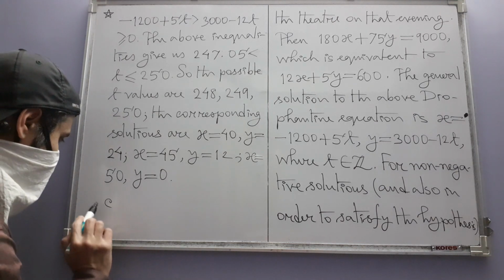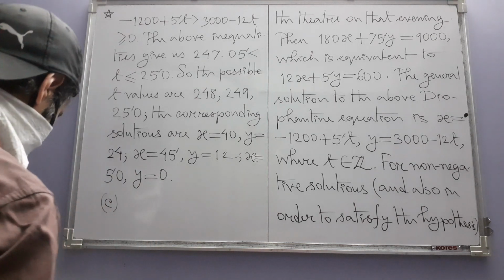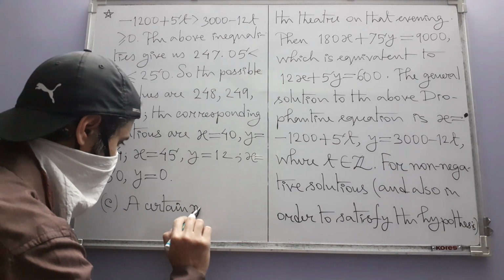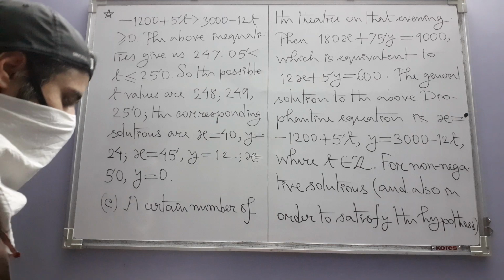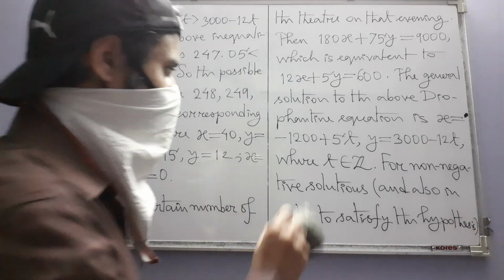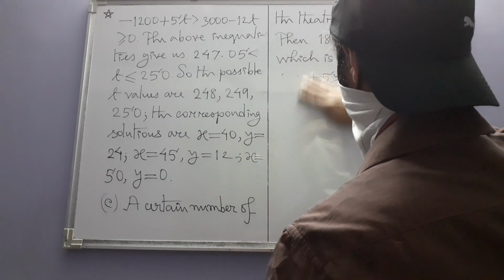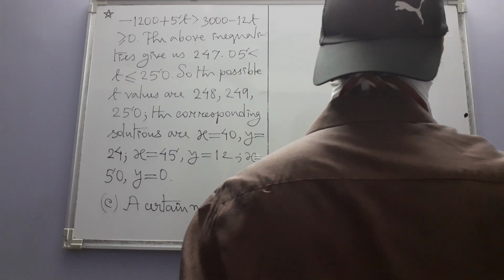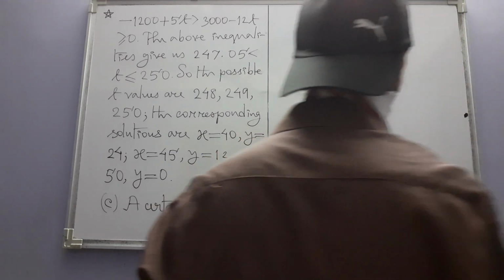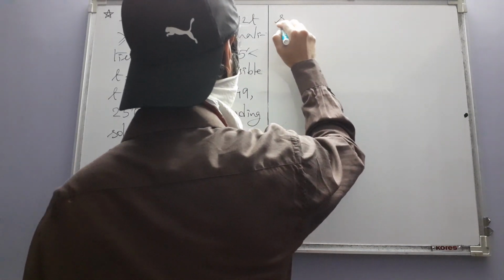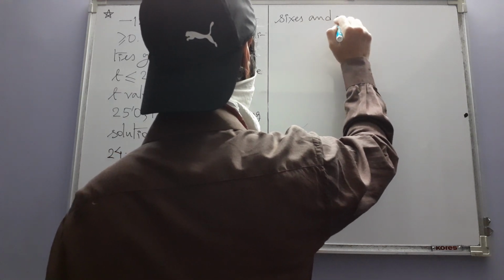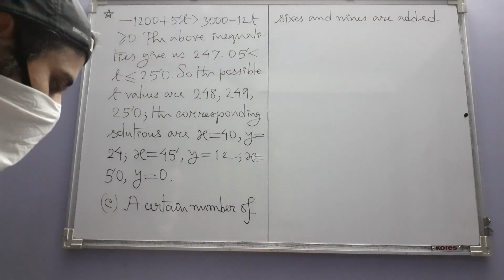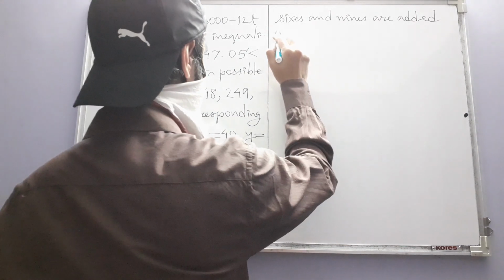Okay, now there is this part C also. So that's the solution to part B. Part C is this: a certain number of 6s and 9s are added to give a sum of 126.